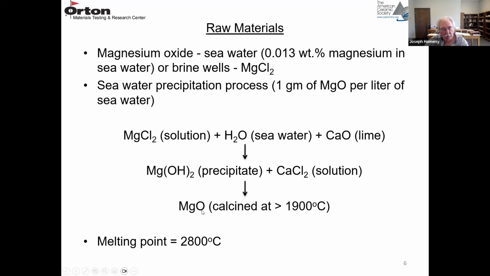You take that precipitate and calcine it. The final calcination temperature has to be quite high, greater than 1900 degrees C, and you end up with a dense MgO material. It has a high melting point, 2800 degrees C, so it's a very refractory material.